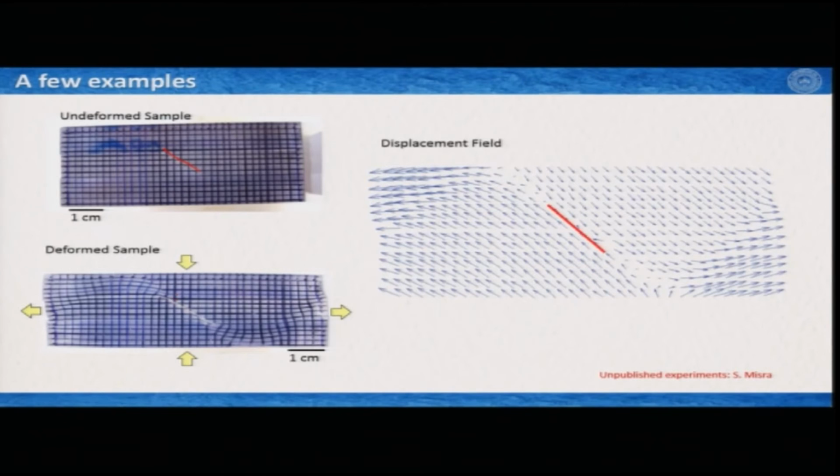As you can see along this cut, all the material on the top side of this cut moved downwards, and the material at the bottom of this cut moved upwards. And this is how we can interpret what the deformation was at the different points of this sample.